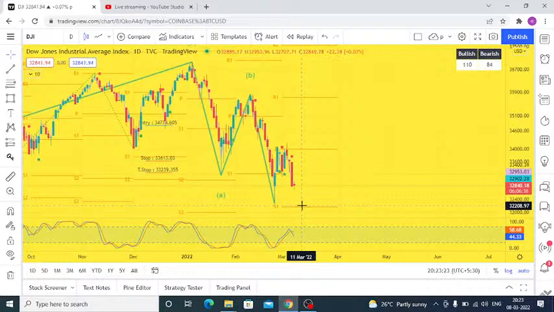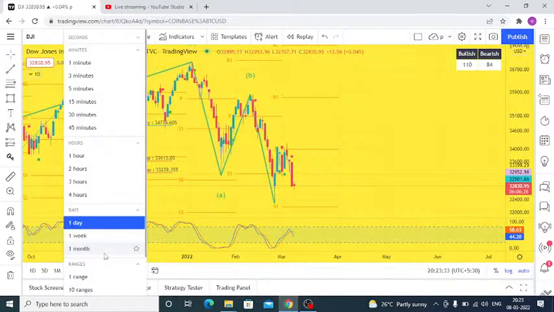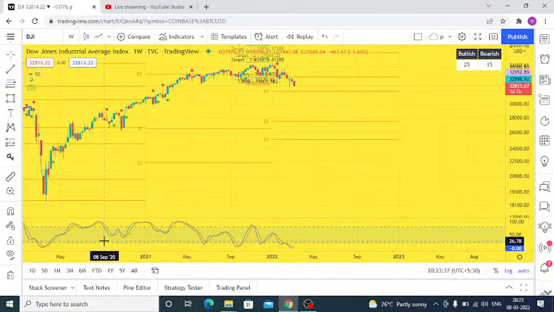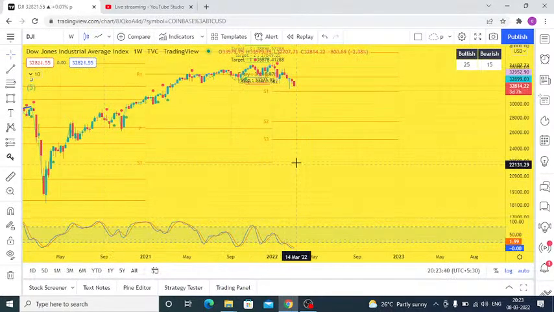Okay, and markets are ready to bleed, and this Dow Jones, I can see it can bleed at least to 30,000, then 28,000.